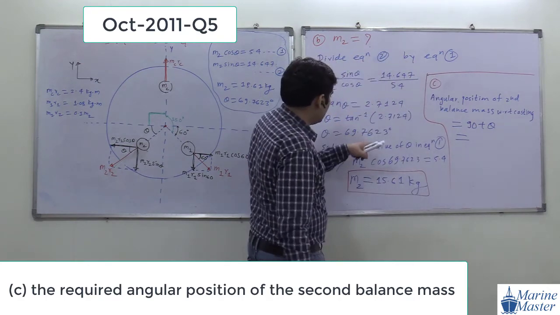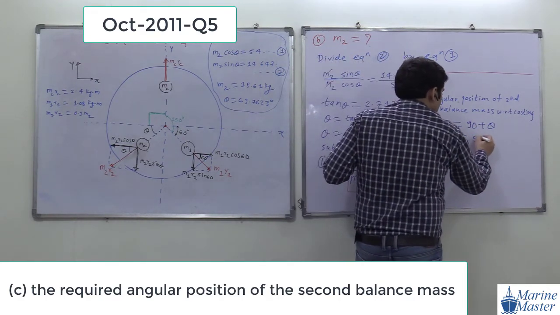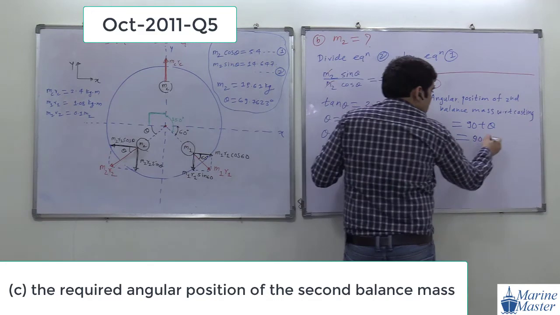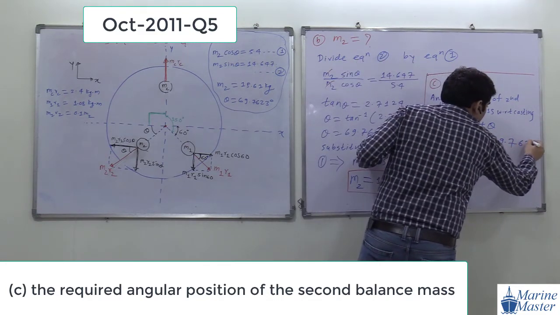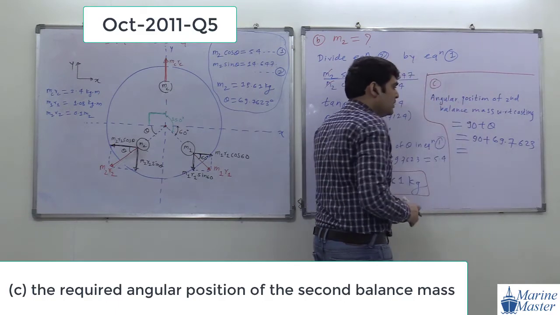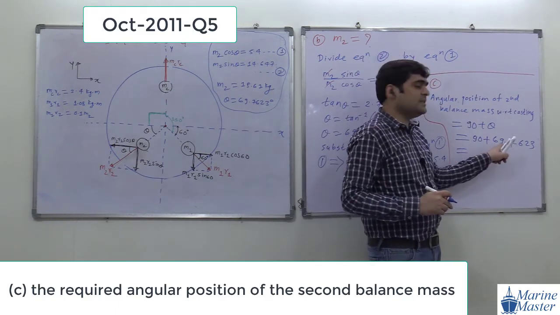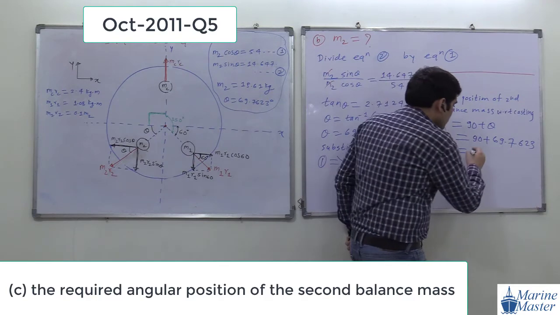Theta value we already calculated, so 90 plus 69.7623. So what will this calculation be?